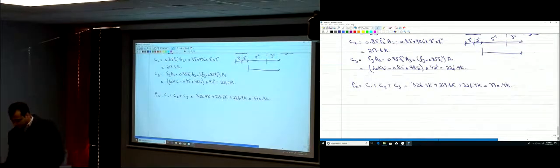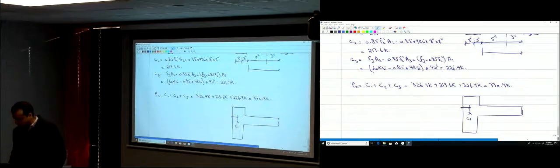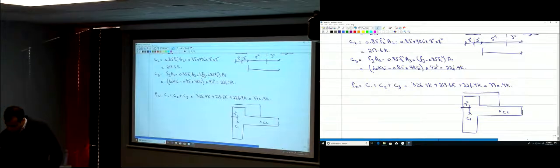So that's what we want to do now. Let me draw this here. This was our section. There is a force here, C1. How much is that distance from C1 to that line? It's 3 inches. And C2 is over here. How much is the distance from C2 to that line of reference?